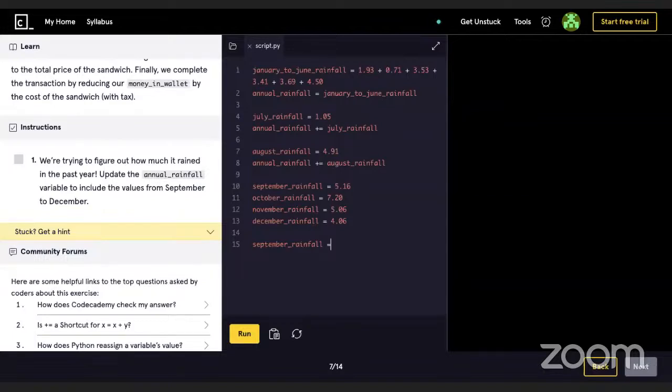Can you please delete that? And just delete the rainfall. Then to MTO. Then underscore. Then December. Then underscore.